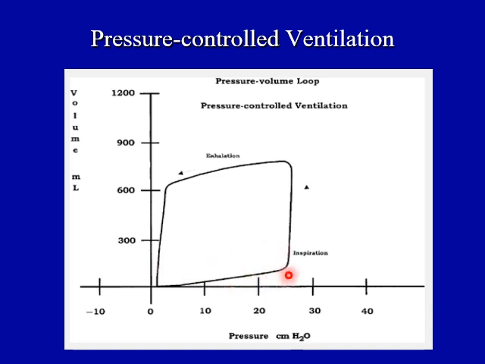Then with the same constant pressure, the change in volume is more. This indicates pressure control ventilation. At this point the pressure is kept constant and the flow rate is decreased, so there is decelerating flow, and hence the tidal volume is reached, followed by exhalation.